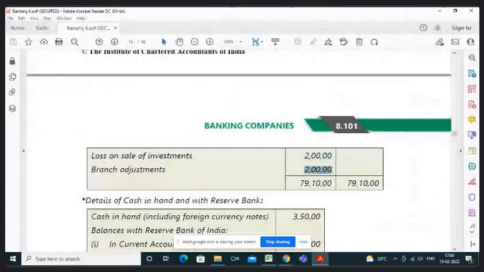And then branch adjustments. Branch adjustments mean inter-office adjustment. It is definitely not an expense. It's only an asset or liability. It can be an asset or liability. Here, since it has a debit balance, it is an asset. And where will it find a place?